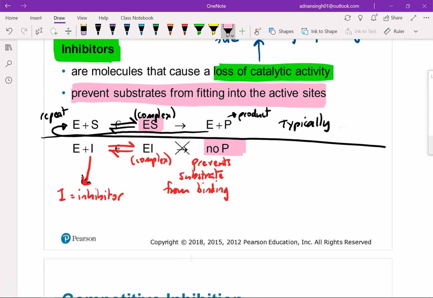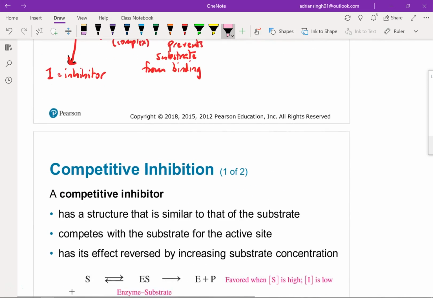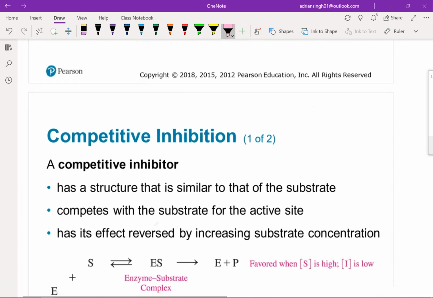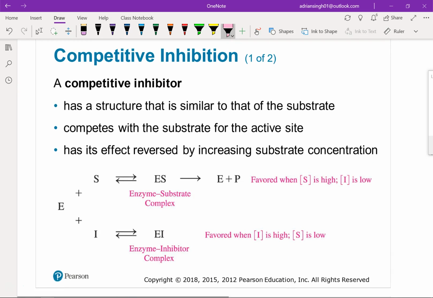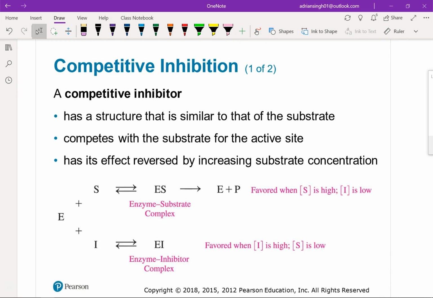We're going to see a couple slightly different ways by which they can accomplish this. The first one is called competitive inhibition. And what a competitive inhibitor does is it competes with the substrate for the active site. And the way that it's able to do this, because remember the active site has a particular shape, a competitive inhibitor is going to have a shape that is similar to that of the substrate.